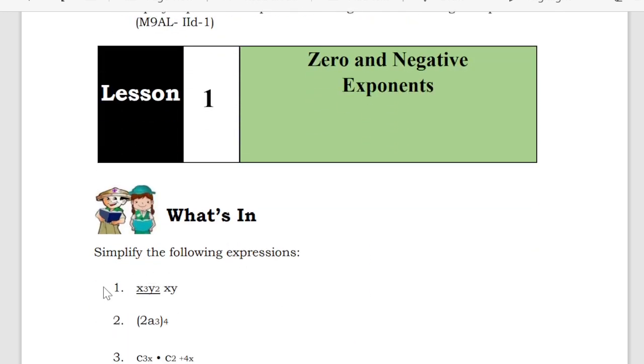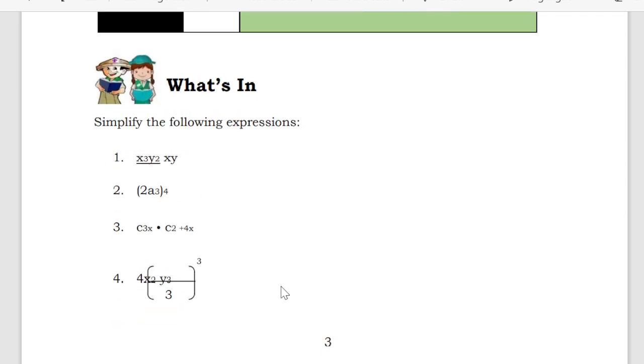What's In? How are we going to simplify the following? We have x cubed y squared times x times y. I think this one should be here. I think this must be like this.